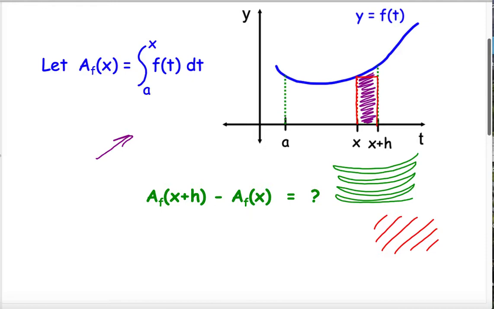And so the area of that rectangle is going to be the width, which is just going to be h, times the height, which is going to be f of x. So f of x times h is going to be a little bit less than this area expression.